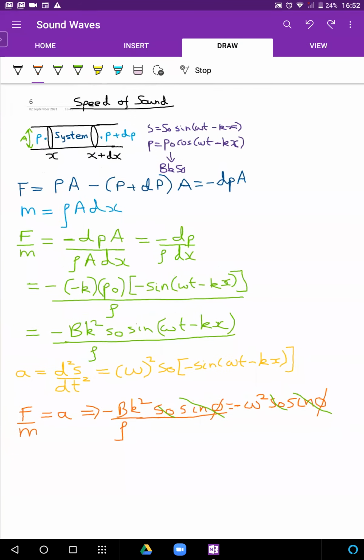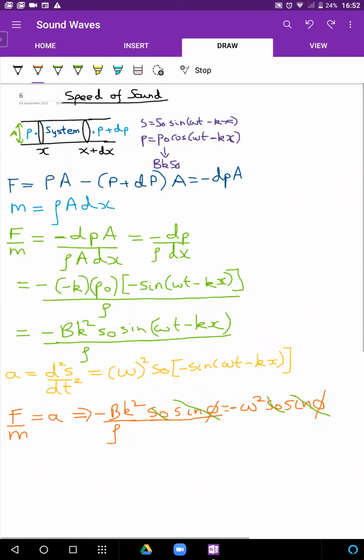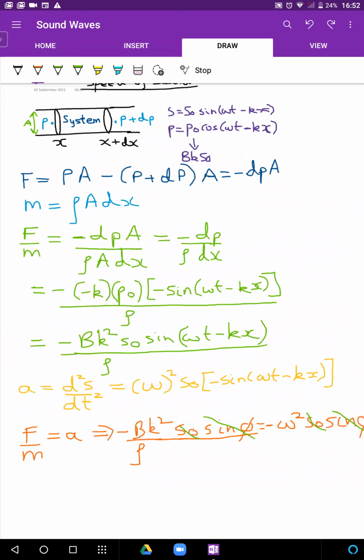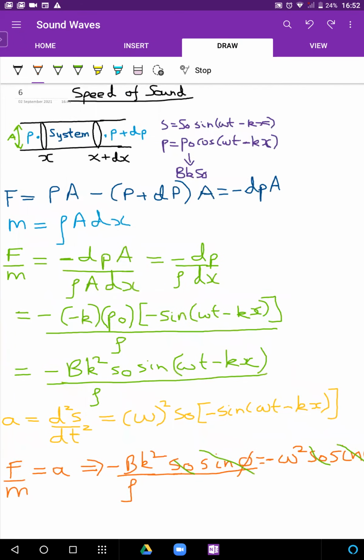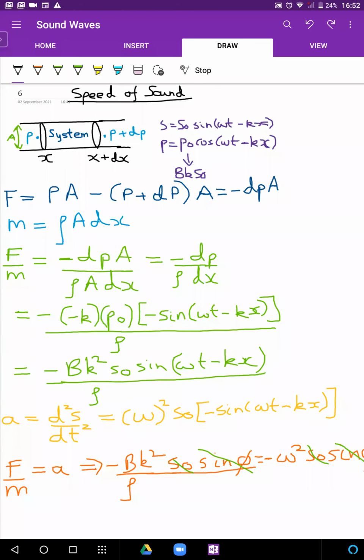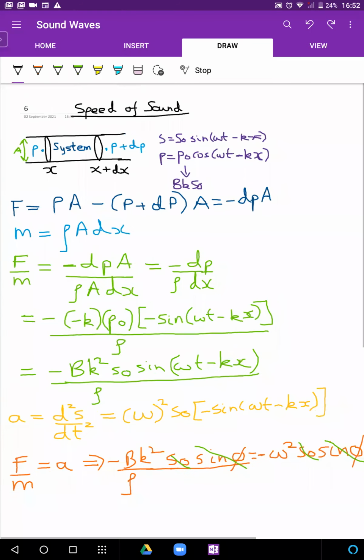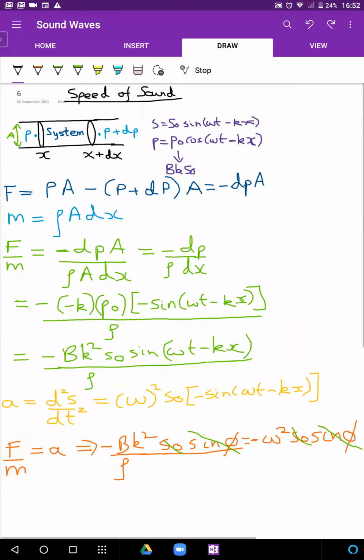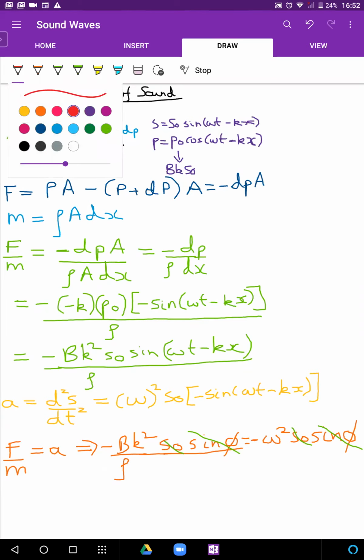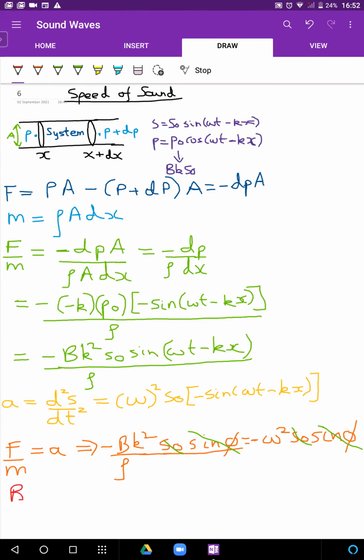Finally, as all of this cancels out, S naught cut here, we'll get k square by omega square as, in fact, I want omega square by k square. So I'll get B by rho is omega square by k square. And we know omega by k is velocity.